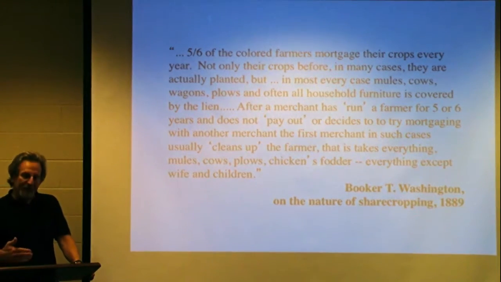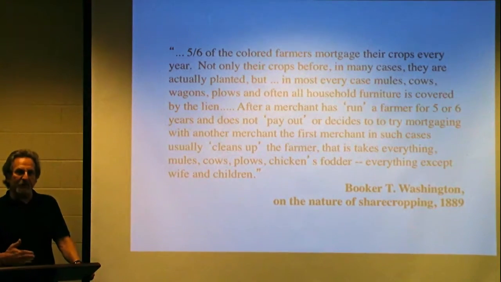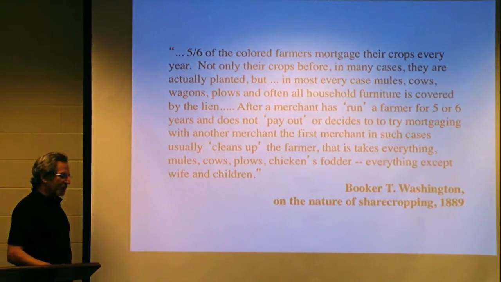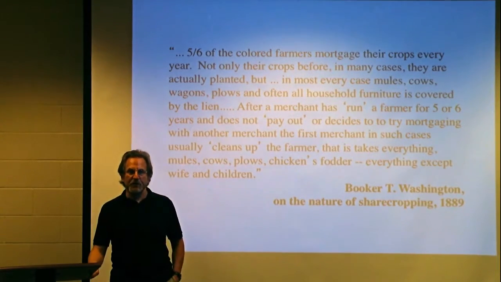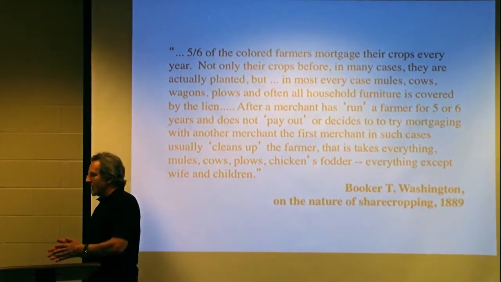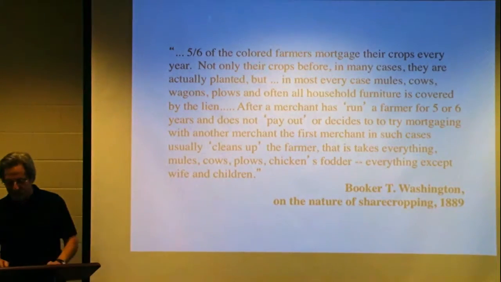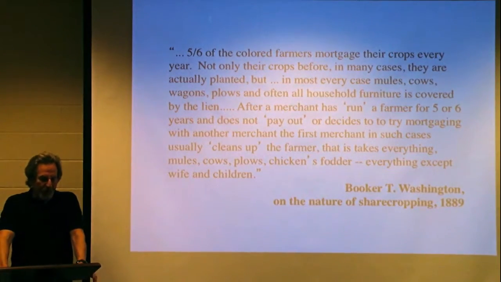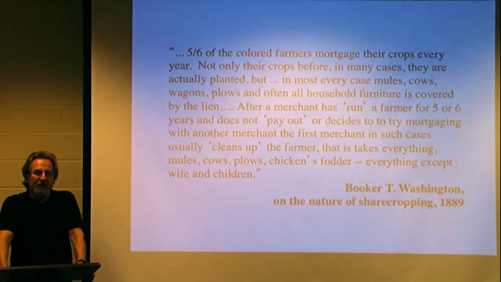And in robbing that sharecropper year after year after year, he makes manifest that he has no interest in maintaining the life of that sharecropper. Sharecropping is a form of servitude in which each and every year the sharecropper becomes more in debt and therefore more dependent upon the landowner.